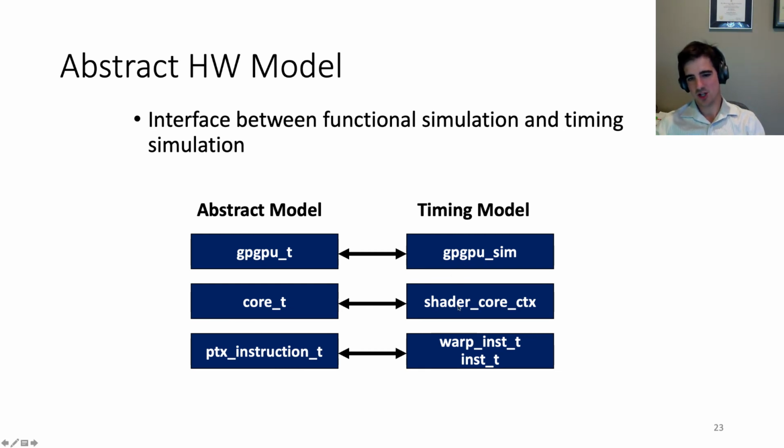Then there is a shader core object, which is tied to something called core T. And then there is the warp instruction type, which is essentially tied to the ptx instruction. So all of the basic stuff that you need to do functional execution is stored within the functional model. And then there's a bunch of additional stuff that you need to do the timing simulation, which is what's inside of each of these respective classes.